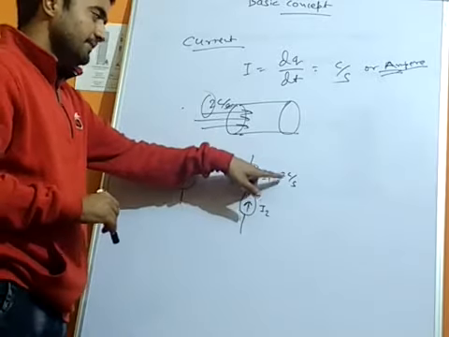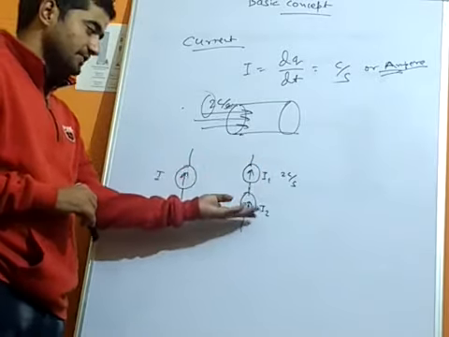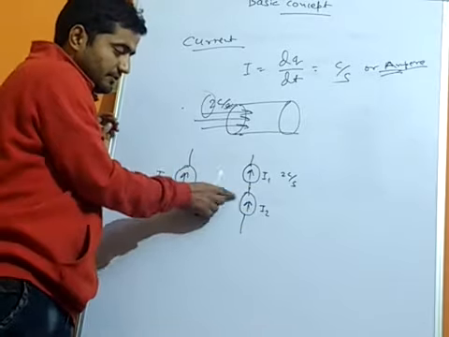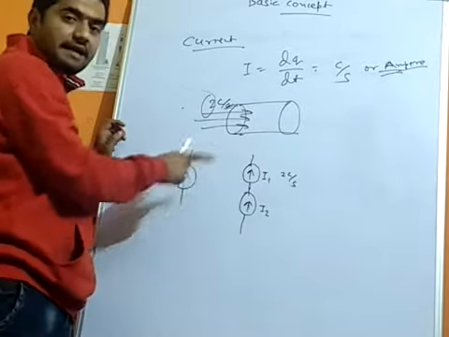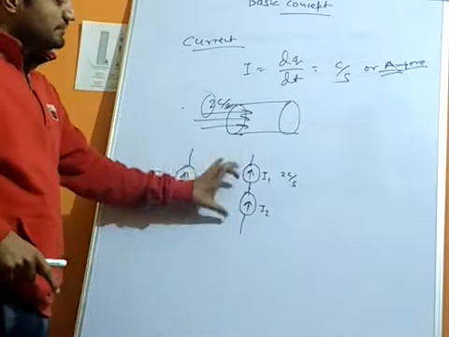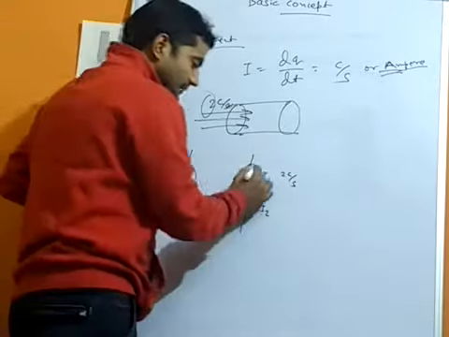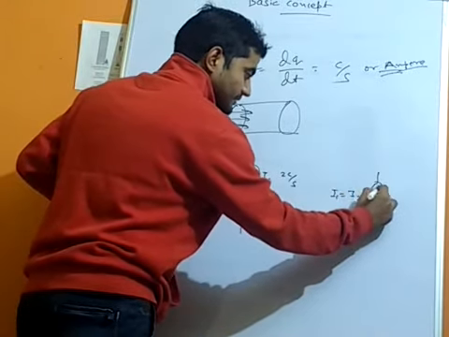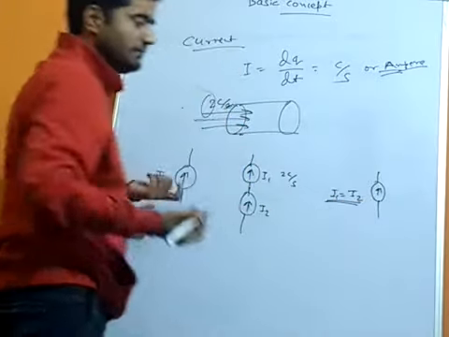The same rate of flow of charge should be in this part as well, because it is the same network path. Whatever the rate of flow from here to here, the same rate will be from here to here. It means the current sources must be equal when connected in series. That's why I1 and I2 must be equal. So equivalently we can denote it as a single current source, and I1 must be equal to I2.